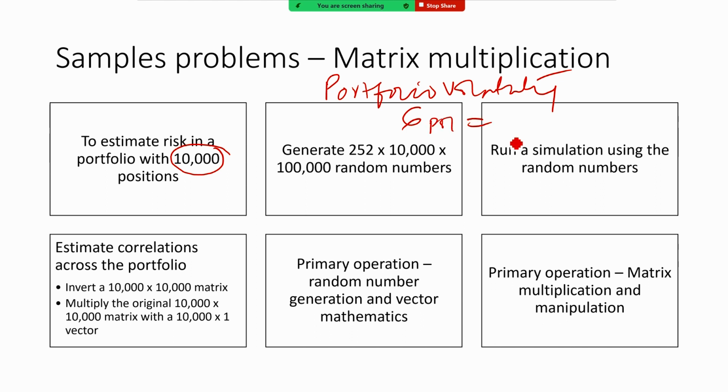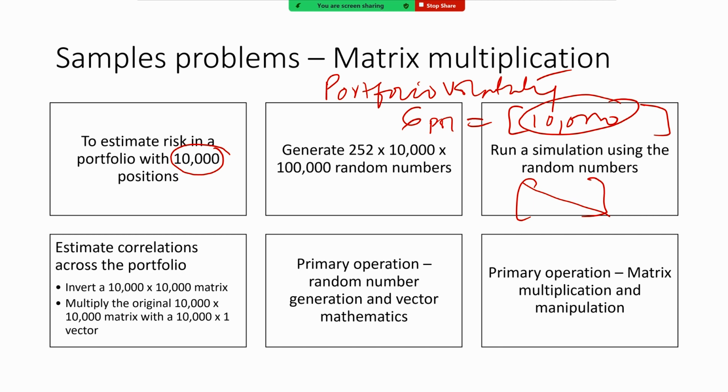The standard deviation of the portfolio was basically the standard deviation of all 10,000 positions plus the correlation between these 10,000 positions. And this is a fairly awkward calculation process that took a fair bit of time.